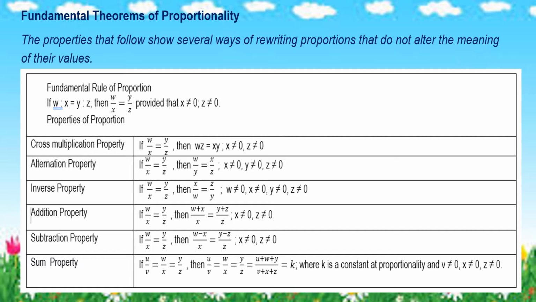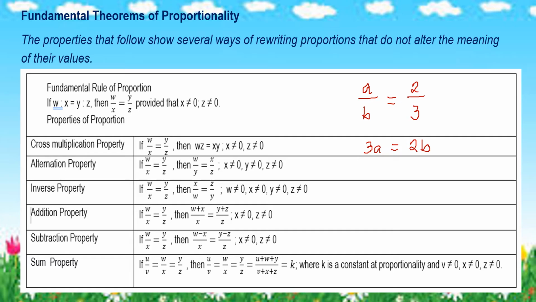So say for example, we have the proportion a is to b is equal to 2:3. If I rewrite this proportion by applying cross multiplication property, we're going to have 3a is equal to 2b. So we simply multiply the means and the extremes.